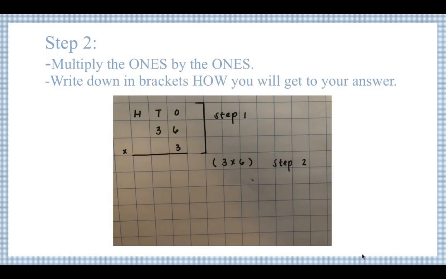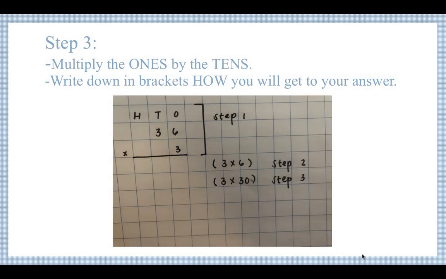Step 2. You're going to multiply the ones by the ones. And you're going to write down in brackets how you will get to your answer. So there where it says step 2, that's the second thing you do. You write down 3 times 6 as that will be our ones times ones. Our ones unit times our ones unit.